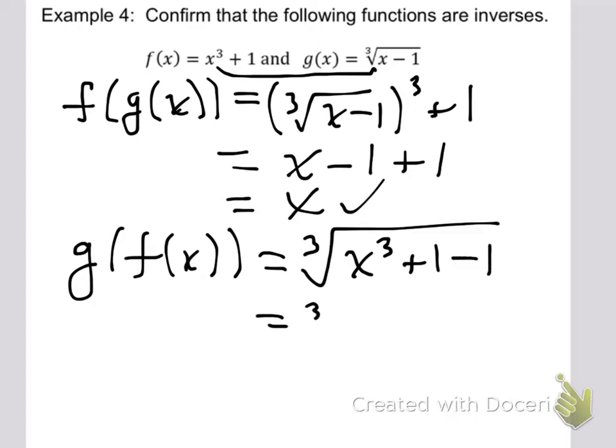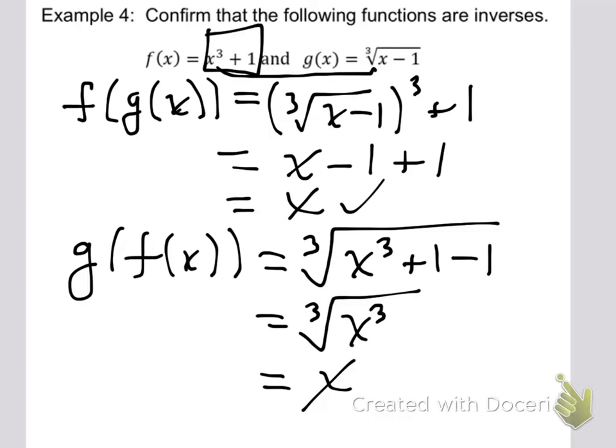So this is going to be the cubed root of x cubed, because plus 1 and a minus 1 equals 0. And then the cubed root of something cubed, those cancel out, so I'm left with just x. Alright, so these are going to be inverses of each other.